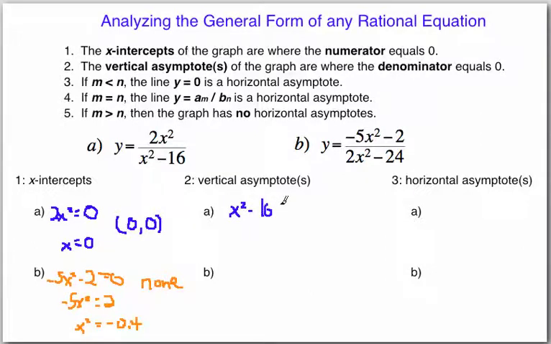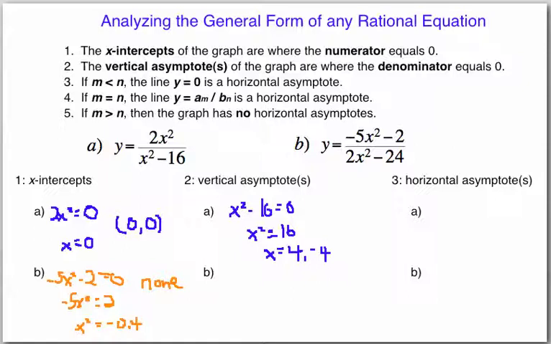We would add 16 to both sides to solve, and you get x squared equals 16, and then of course you take the square root of both sides and you end up with a vertical asymptote of x equals positive 4 and negative 4. Remember, either of those we could square to end up getting 16. So for a, the vertical asymptotes are x equals positive 4 and negative 4.